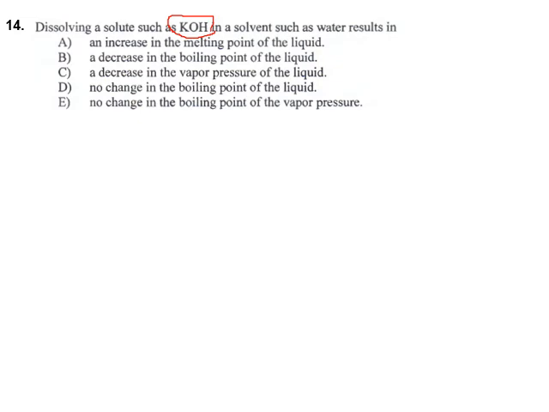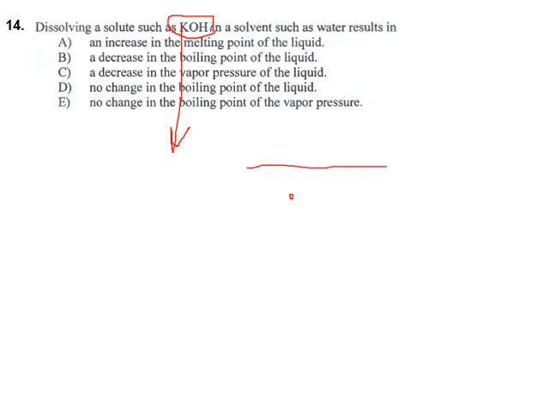KOH turns out to be one of the strong bases. Sodium hydroxide is another, potassium hydroxide, and then there are 5 others, which we'll get to. Anyway, when it is put into water, it will break up into K plus and OH minus. When you put anything like that into water, what happens to the vapor pressure? Well, the water can't evaporate as readily anymore.